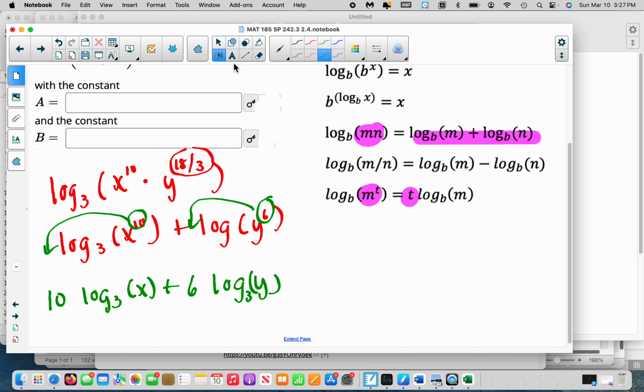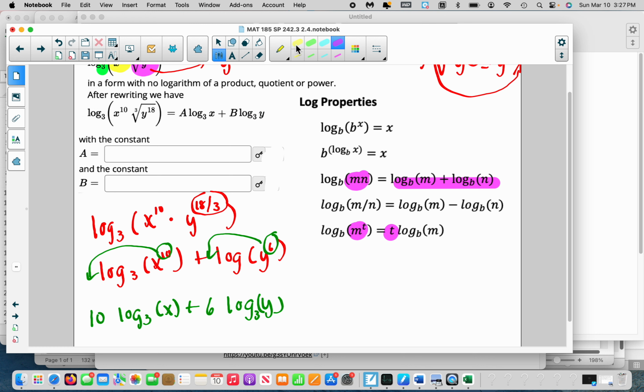All right, that is the form that we wanted. We want a times log of x, so a is 10, and then we have b times log of y, and so all it wanted us to put in was 10 and 6.